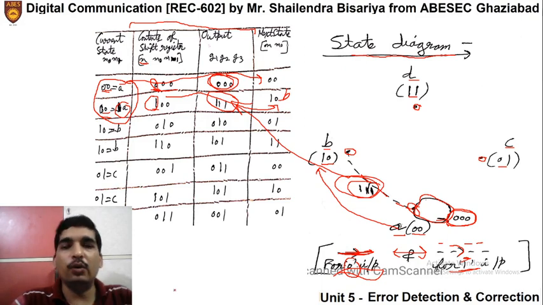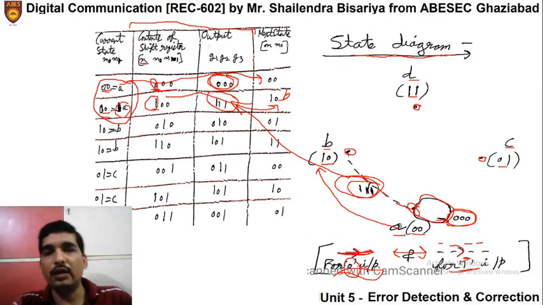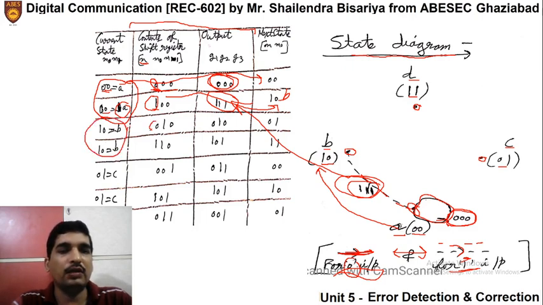I hope that in a similar manner you can do the representation for all the remaining states. Just try it. Let us proceed further with one more state. If we talk about state B, we know that if the input is 0, it will move to state C and the corresponding output is 0, 1, 0.